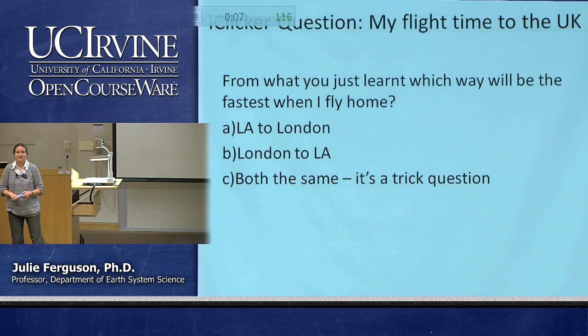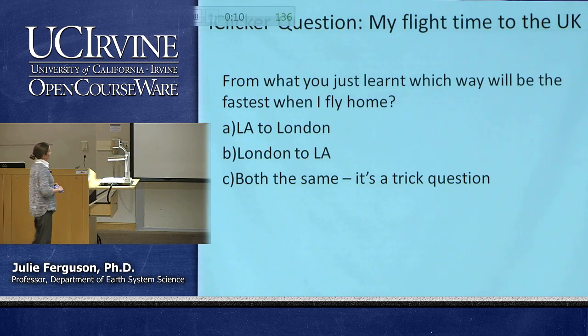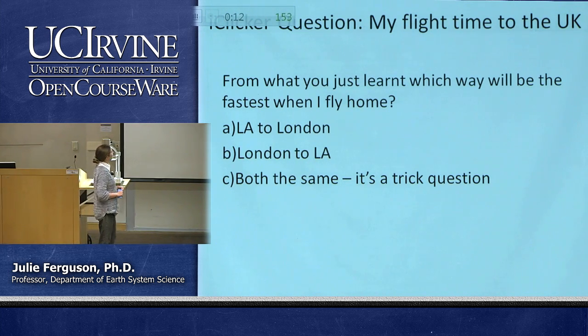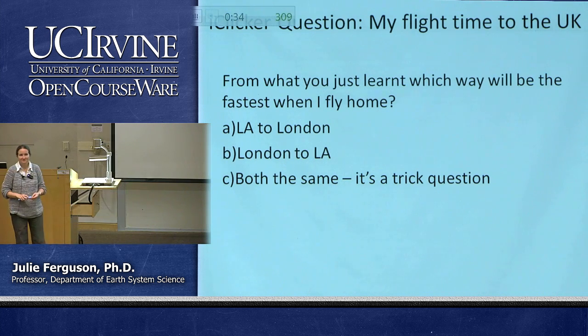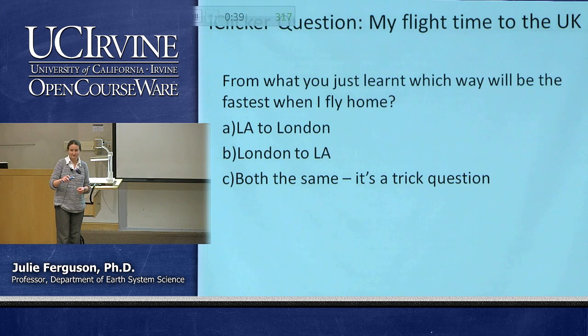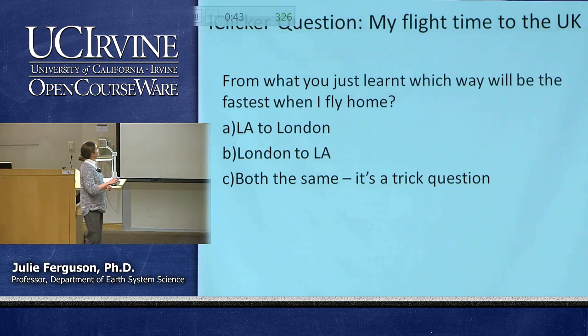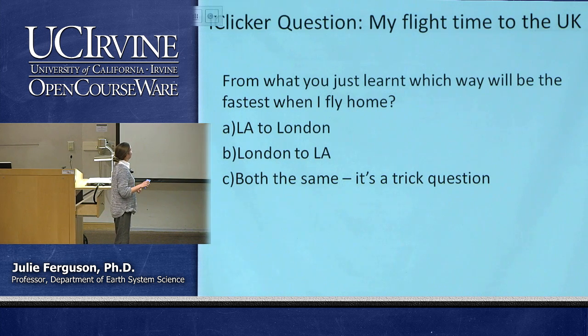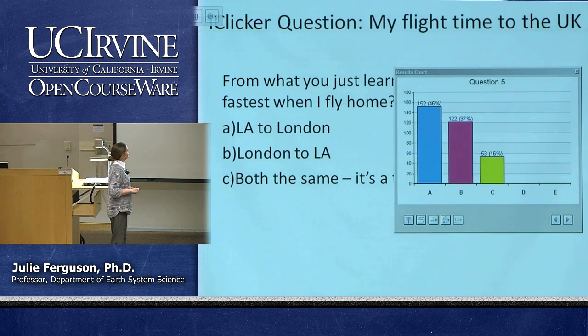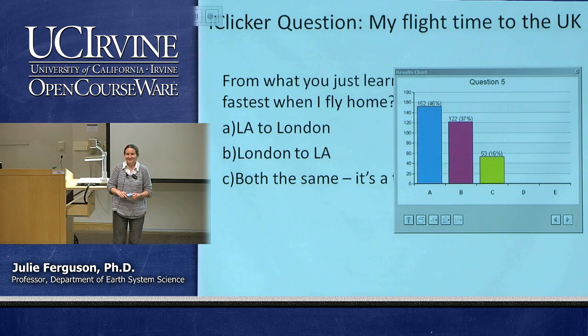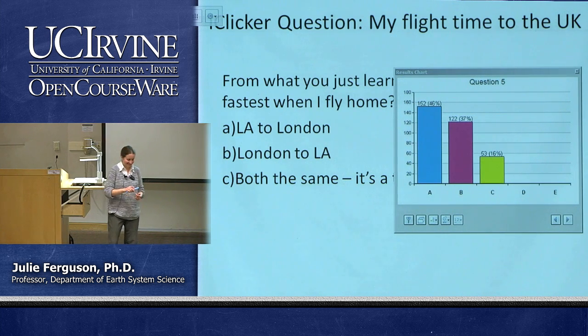You don't fly across the Pacific, by the way, you fly across the Atlantic. Okay, a few more seconds. Okay, so let's take a look. See how many people have flown around. Everyone knows where London is, right?